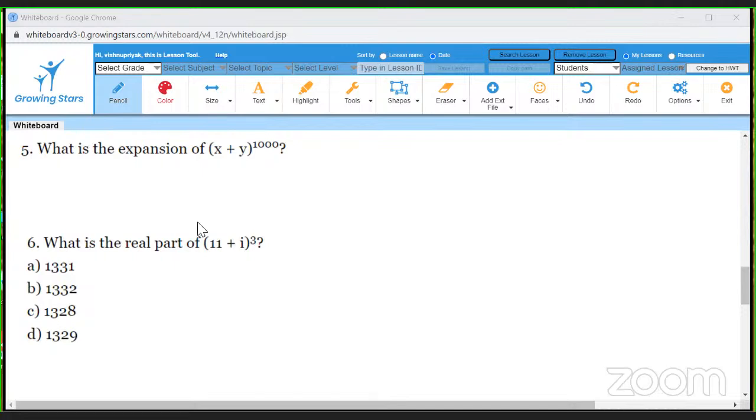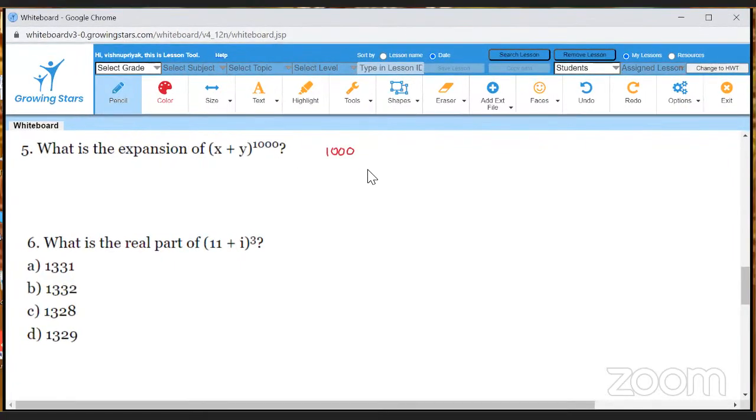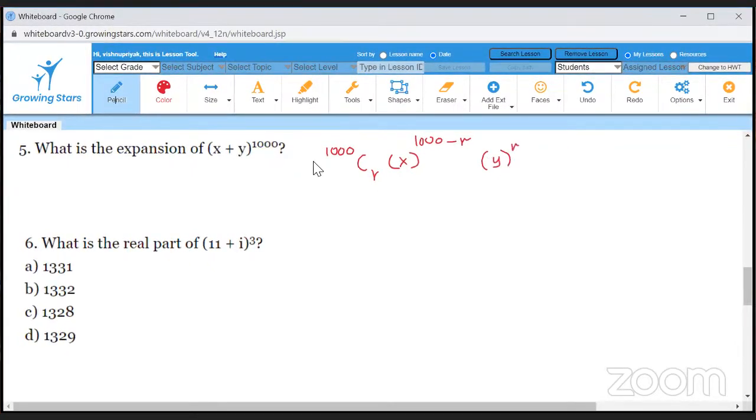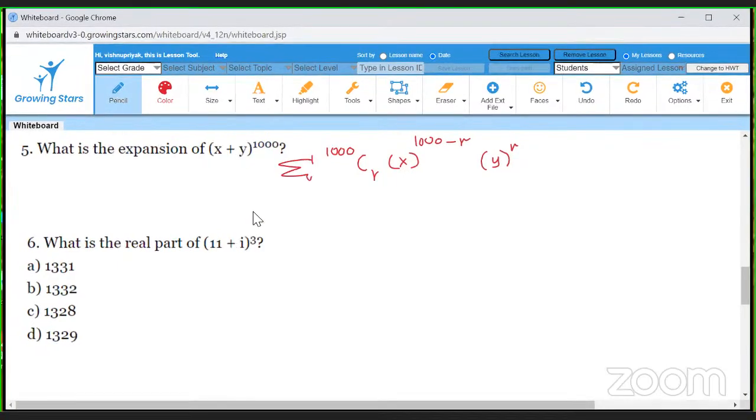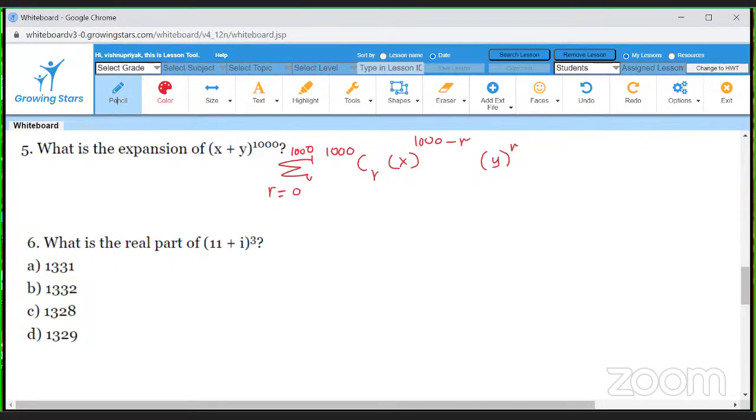What is the expansion? It's a normal, simple question. What is the expansion? Sigma, R from 0 to 1000, NCR x power n minus r a power R. Add up all the terms. That's it. This is what is there in the options.